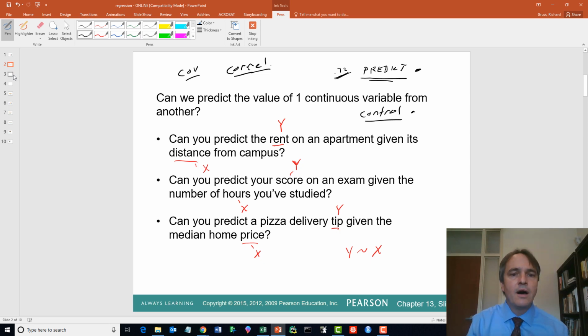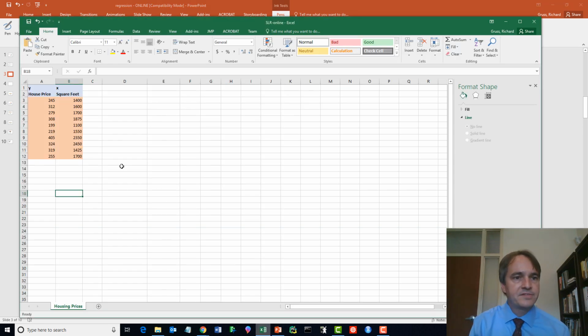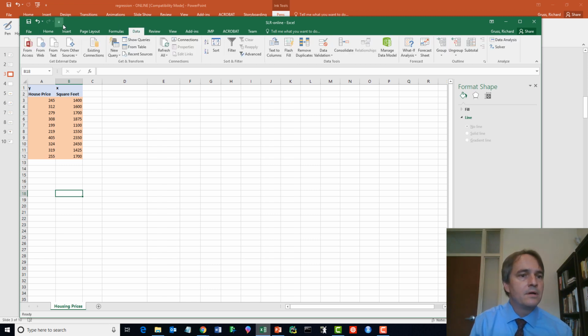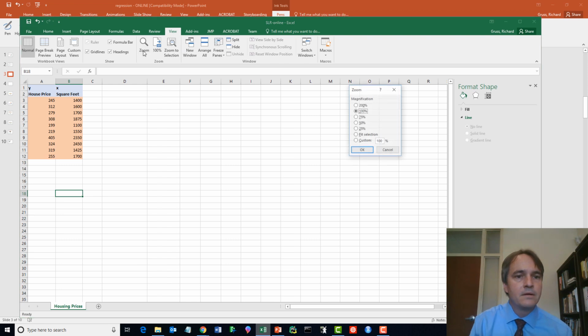Okay, so let's start off with an example, and this is an example that's in the lecture slides, but I have copied this house price data into this Excel worksheet here, and I'm gonna zoom in a little bit so we can look at it.